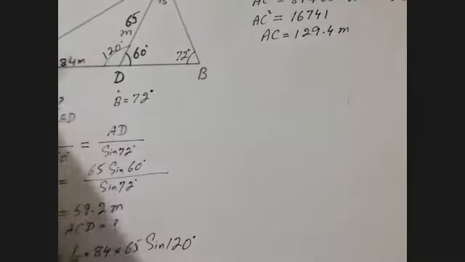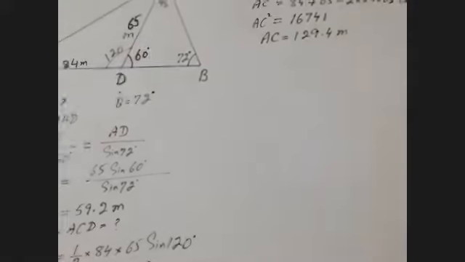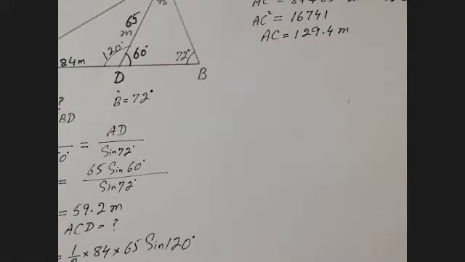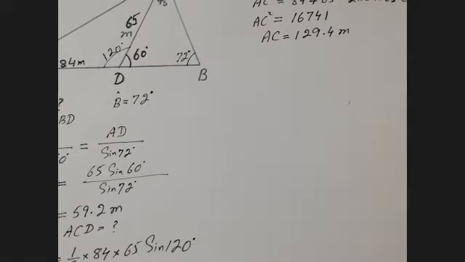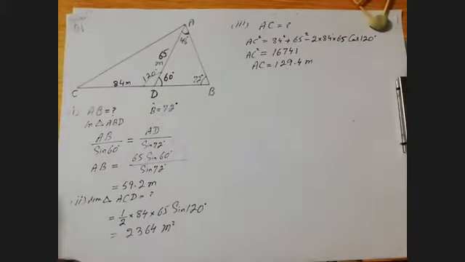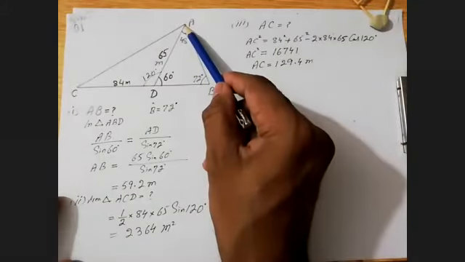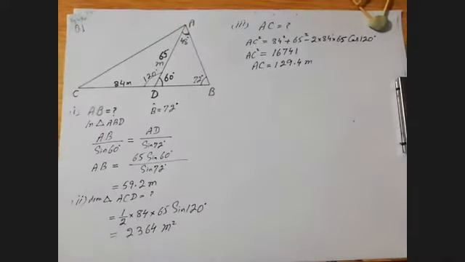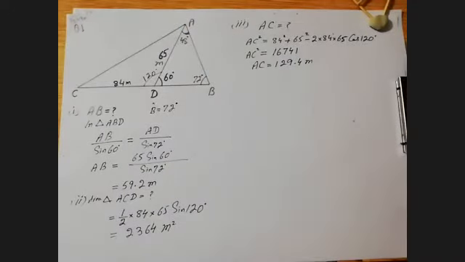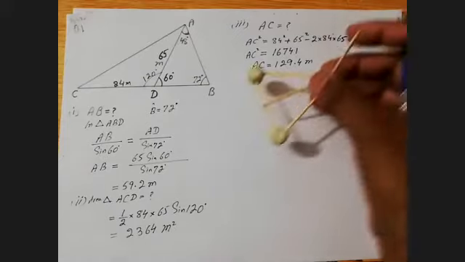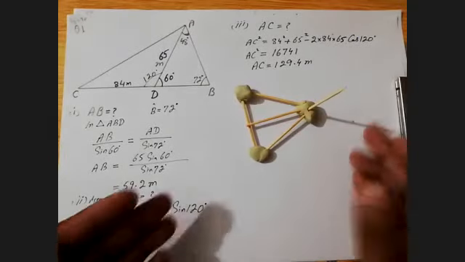First of all, here you can see that the triangle is shown. This is the point A. At this point, the tree is there. I have drawn a 3D model of this triangle like this.